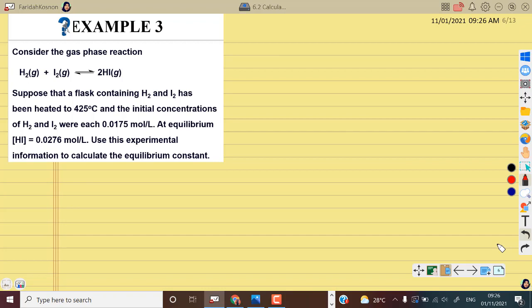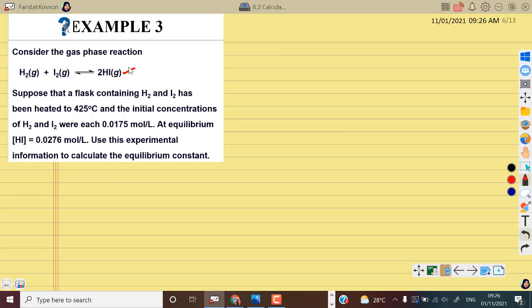Okay, so now look at this example, example 3 in your lecture notes in 6.2. Okay, consider the gas phase reaction. Okay, we have a reaction between hydrogen gas and iodine gas produces hydrogen iodide gas. Okay, and the reaction occurred reversibly. So, dia adalah reversible reaction.